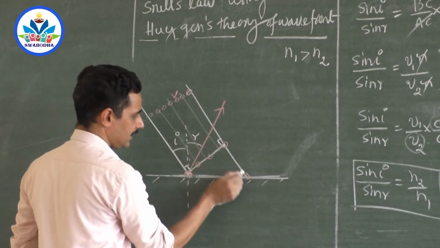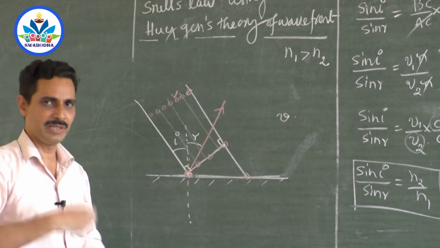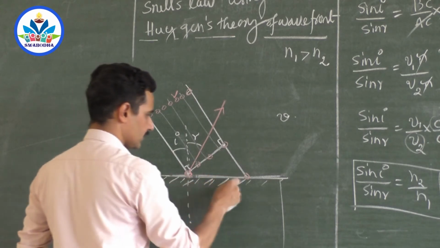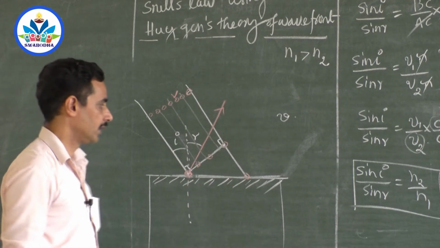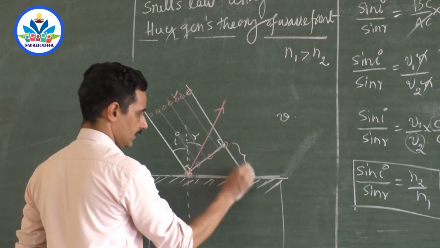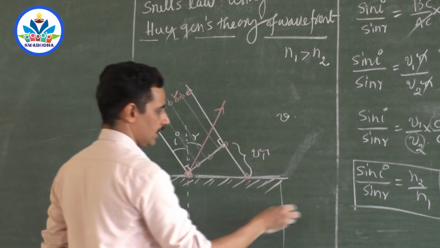Now by the time this reaches here, let V be the speed of light in that medium. Of course the medium is not changed, you need not worry about this, because it is a reflecting surface, no chance of light going into it, so V is enough. Now suppose it takes tau seconds to reach from here to here. What is this distance? That distance is V tau. Velocity into time gives the displacement.